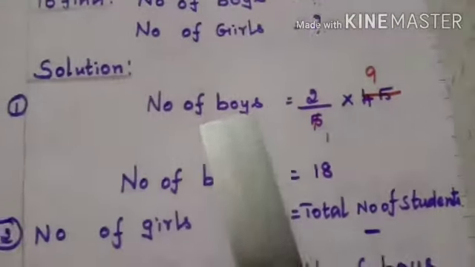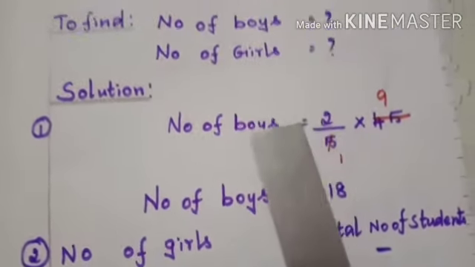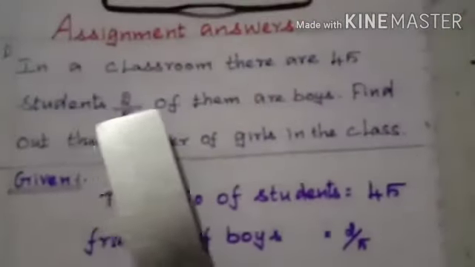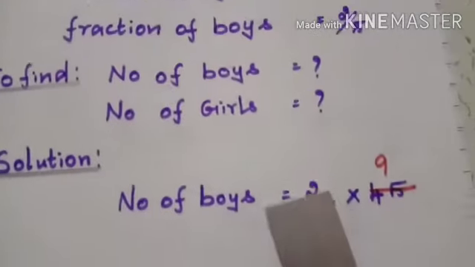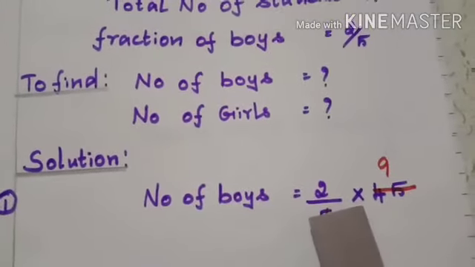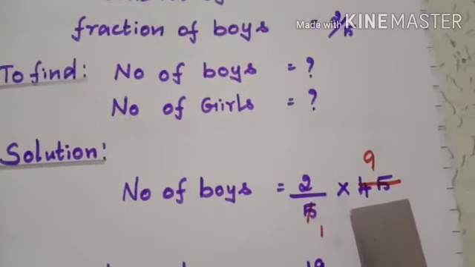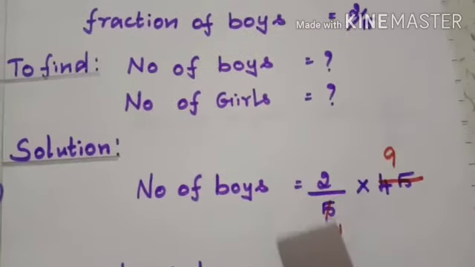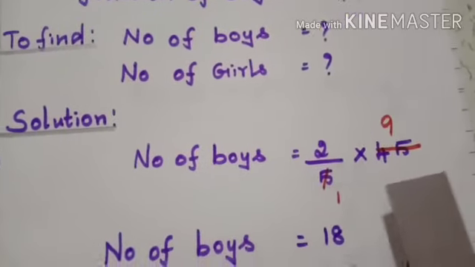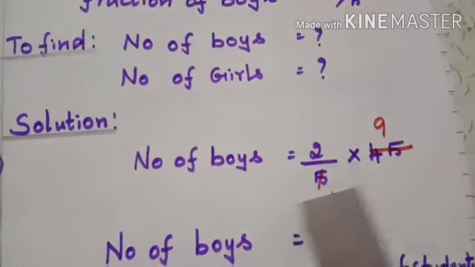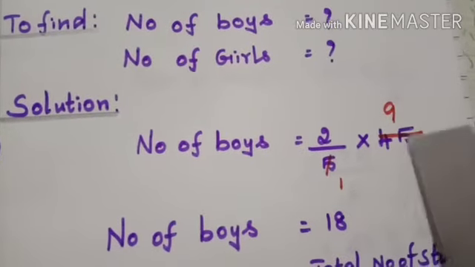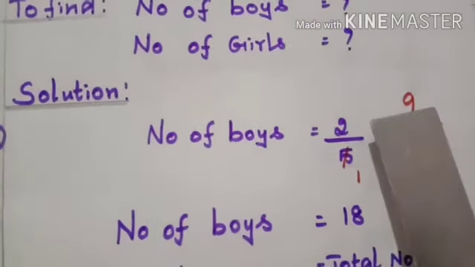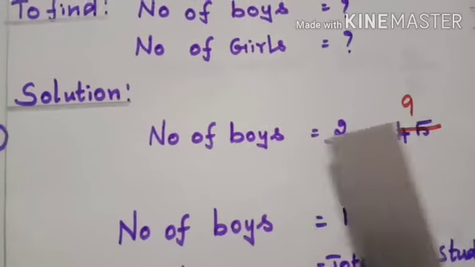Yes, the solution. Here, number of boys is 2 by 5 of them. Here 2 by 5 of them are boys. So here, of means multiplication. 2 by 5 into 45. Here the common factor is 5. So 1 5 is 5, 9 5s are 45. Therefore, 2 into 9 is equal to 18.